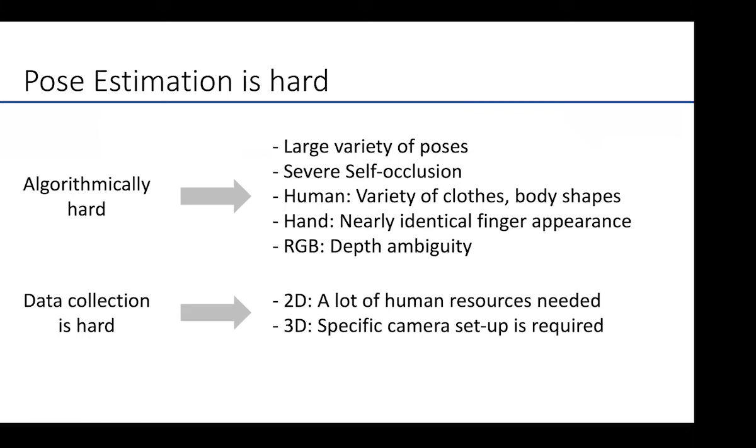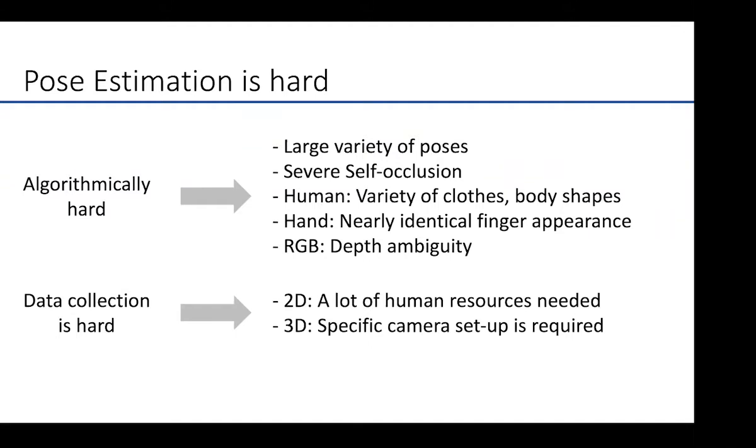On the other hand, there is a problem with data, because neural networks require a large amount of data. For 2D, it is possible, but very expensive, to label the data. For 3D, a human cannot label data based on just an image.